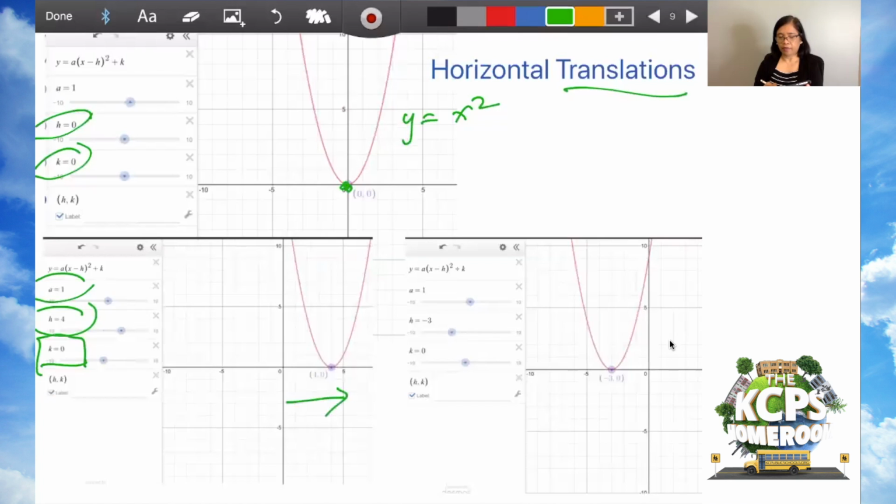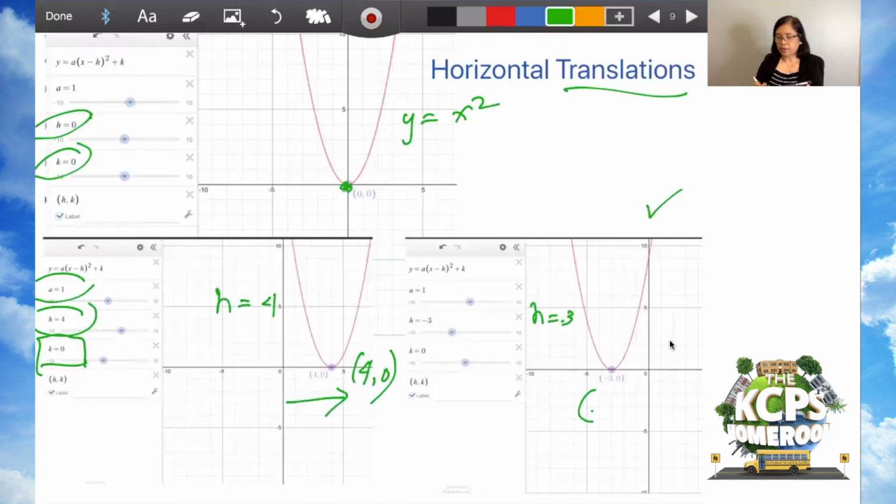So you now have x minus 4. You now have the coordinates of the vertex. Look at the coordinates. This is now moved to 4, 0. And on the second graph here on the right, notice the difference. This is h equals 4, and here h equals -3.